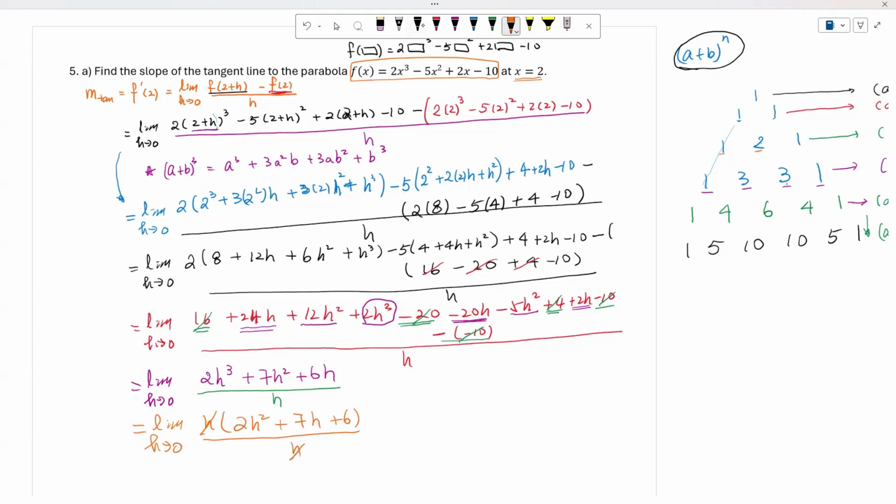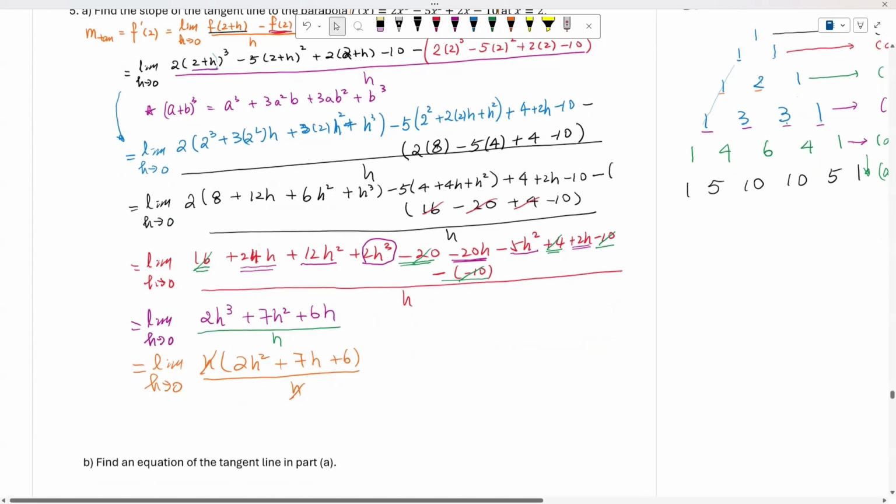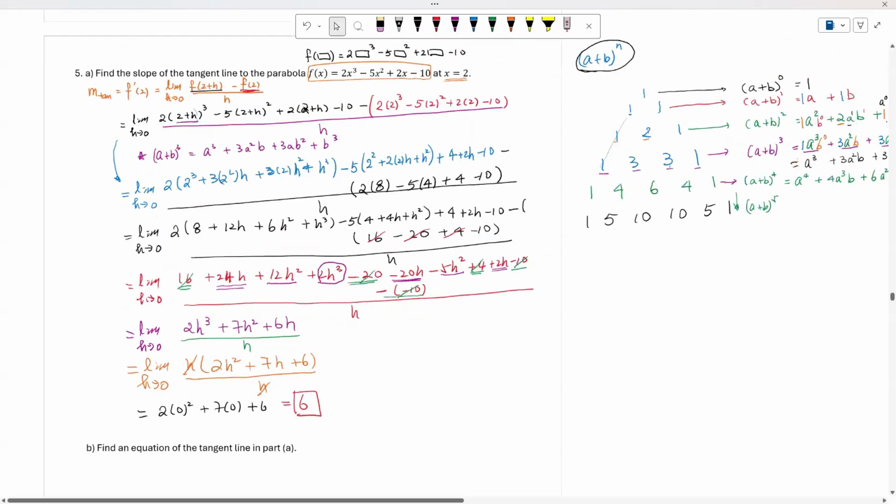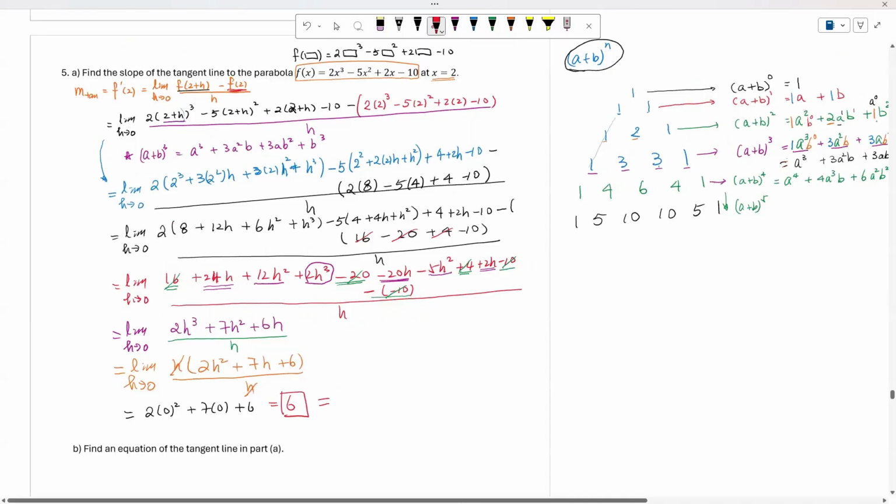And then we work with the direct substitution. Then we have 2 times 0 squared plus 7 times 0 plus 6. So my answer is 6 then. Okay. That means in this case, my f prime of 2 is equal to 6.